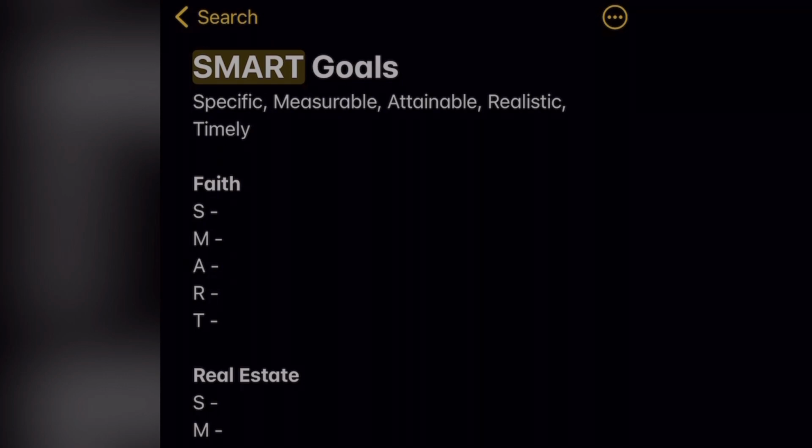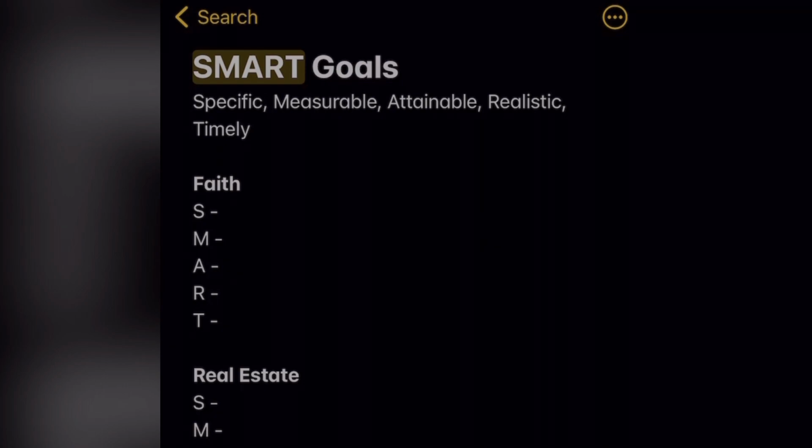That's why I say make it attainable. Realistic, it has to be realistic. Let go of the make 10 million in the next 2 years. Like, come on, let that go. Keep it realistic to a point, because you have to stretch yourself, true, but you've got to make it realistic.